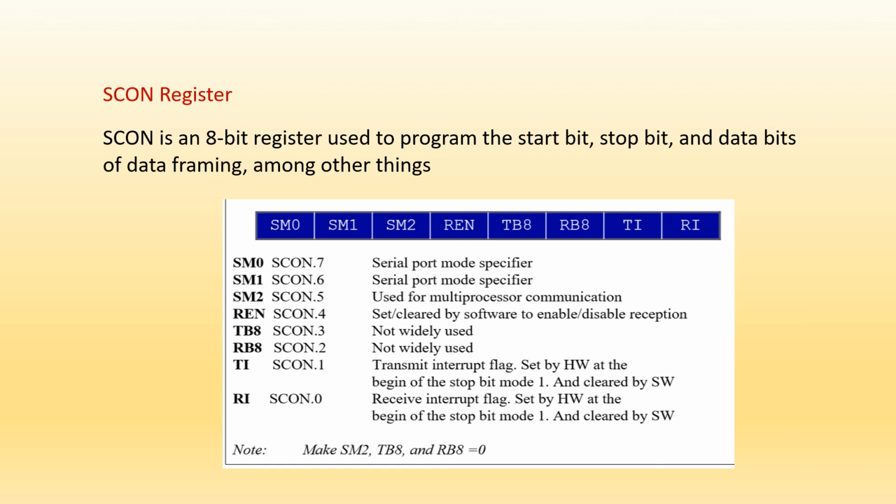TI is the transmit interrupt flag. This TI bit is set by the hardware, and it is a very important bit whenever we are transmitting data serially. When all the bits are transferred, at the end the stop bit is transmitted, and the TI bit is set high by the hardware.